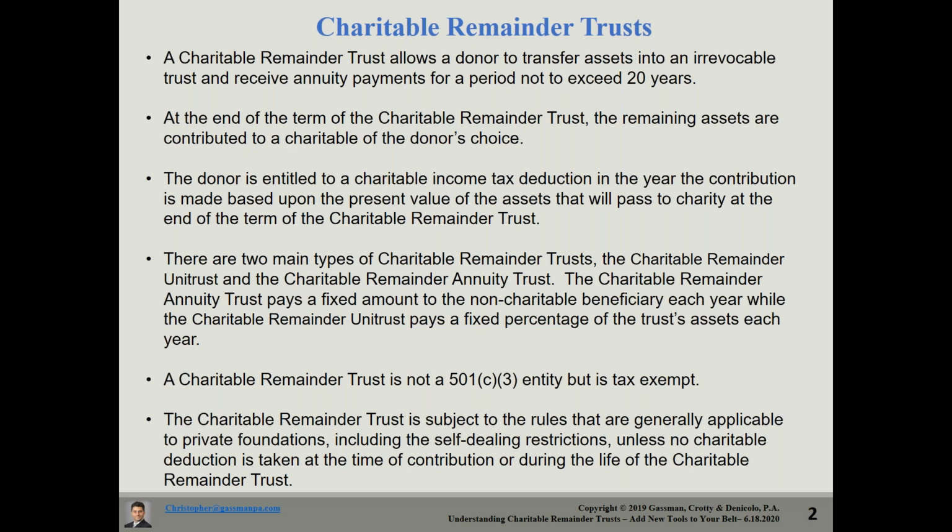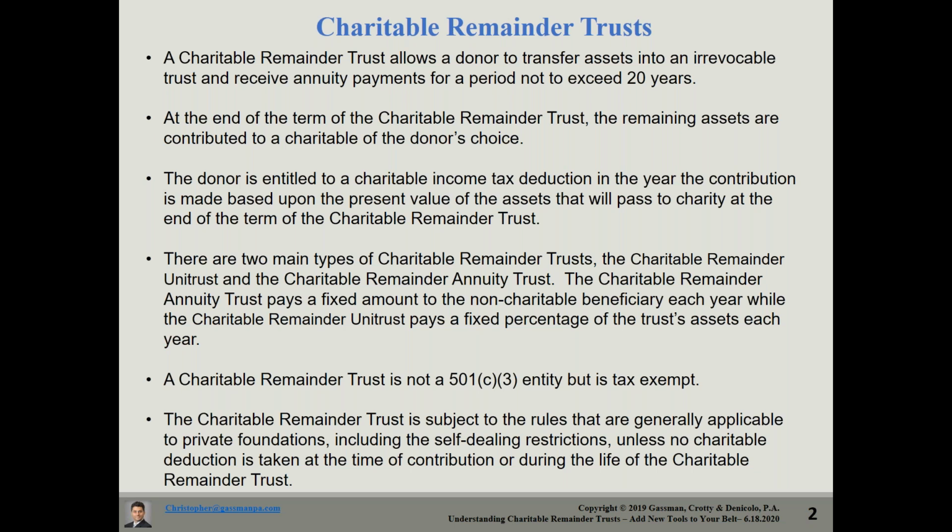So a basic form of charitable remainder trust will provide that for a term of years that does not exceed 20 years, or for the life of one or more beneficiaries, a non-charitable beneficiary will be entitled to a certain number of payments, and we'll talk about the variations on the types of payments, while the charity will be entitled to receive the assets remaining in the trust after the term.